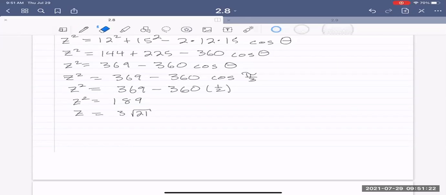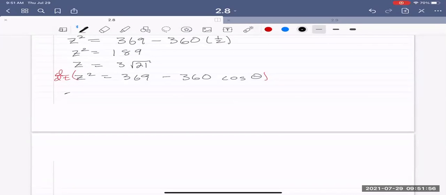So now I can differentiate this. If I take z squared equals 369 minus 360 cosine theta, and I differentiate this, I get the following.